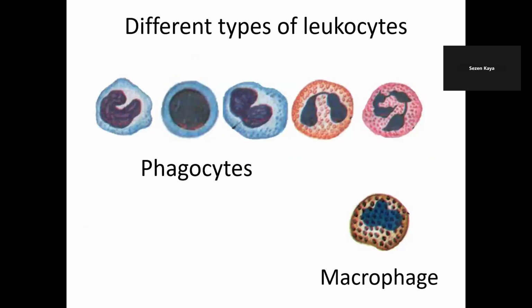If we are talking about different types of leukocytes, we should say that all leukocytes divide into phagocytes and cells which produce immunoglobulins or antibodies.